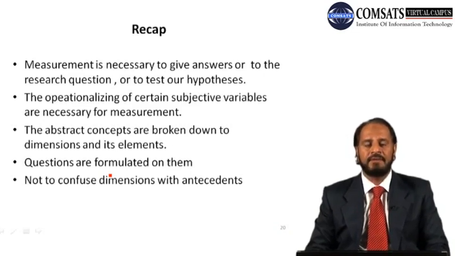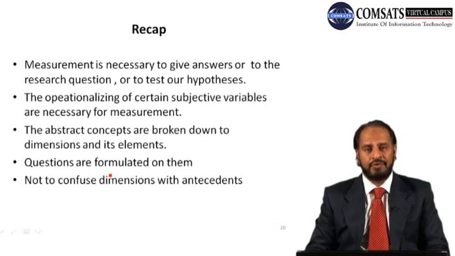So if the concept variable is being influenced by some external factors or different antecedents, we need to make sure that we don't include them in the actual variable itself. As we gave the example of learning, learning is affected by the expertise level of the instructor. Learning is affected by the availability of resources and so forth. But these are the factors which influence learning.